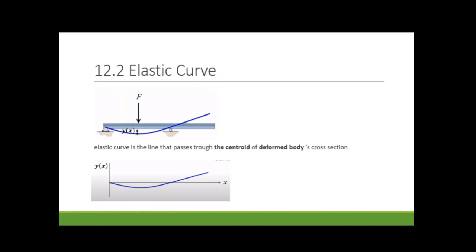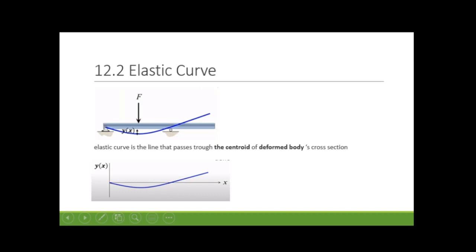If we think about the line that passes through the centroid of the deformed body, we obtain some kind of curve. We define this curve as the elastic curve. Also, there is a function of the elastic curve. In this section, we are trying to find the formula of the elastic curve.